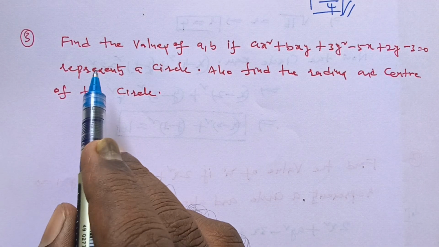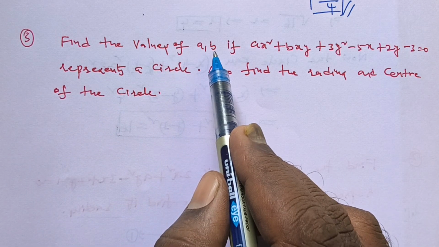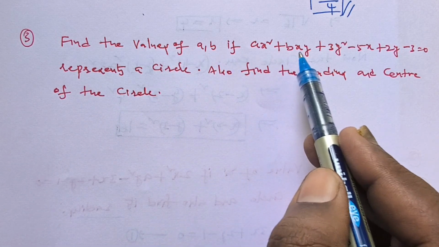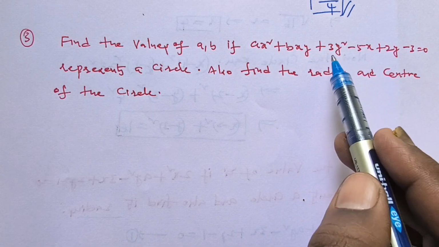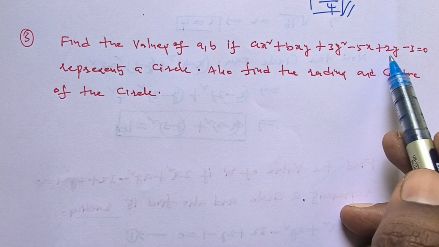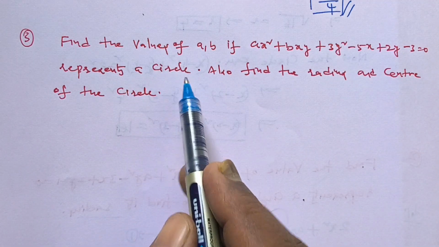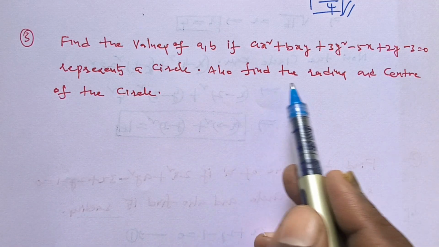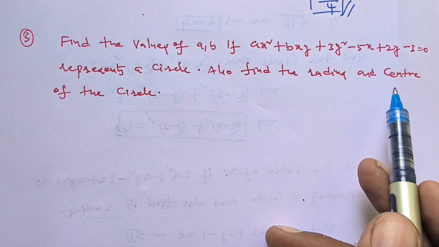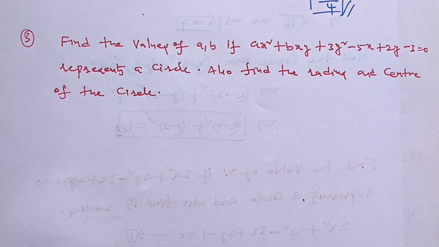Now the third problem is: find the values of a, b if ax square plus bxy plus 3y square minus 5x plus 2y minus 3 equals to 0 represents a circle. Also find the radius and the center of the circle.